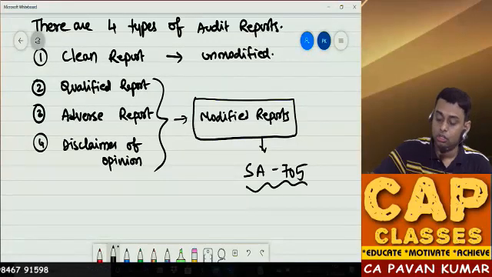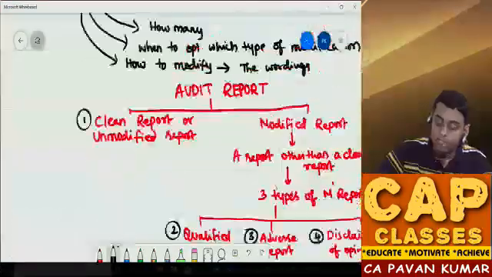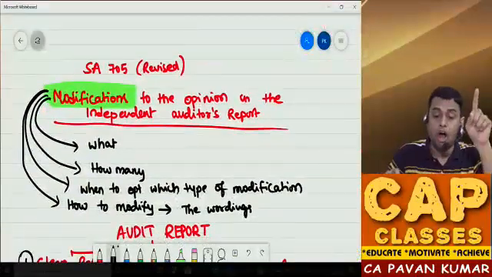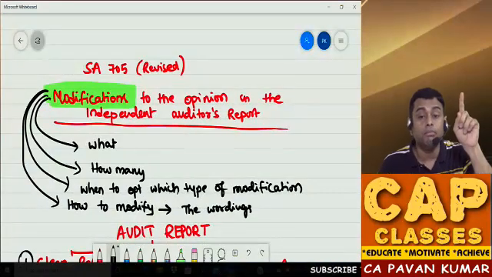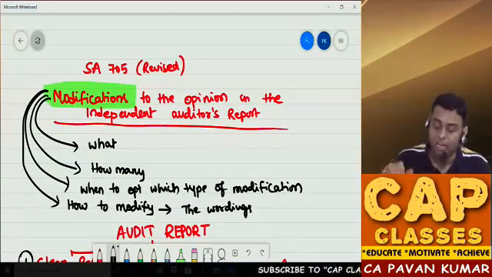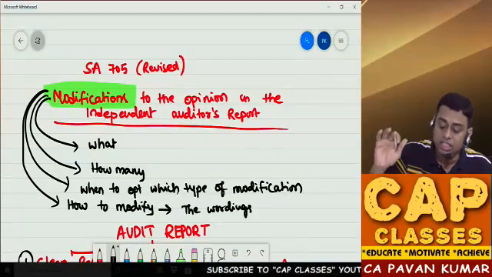What is SA 705? The title, do you remember what is the title? The title of the standard is Modifications to the Opinion in the independent auditor's report.